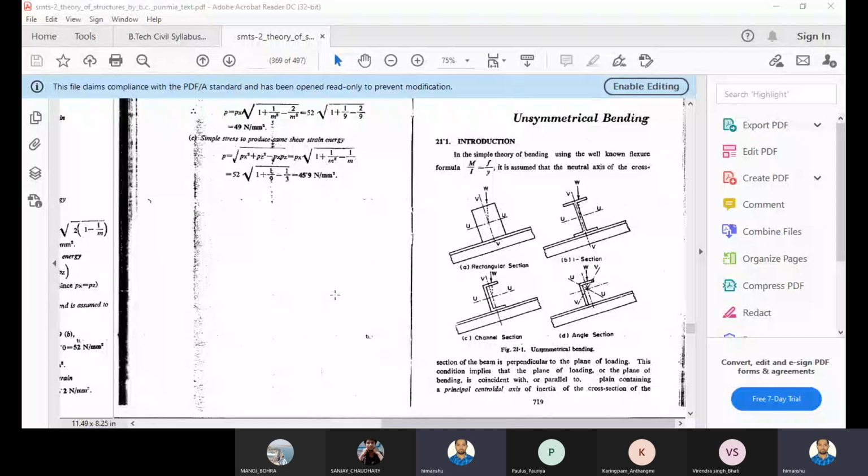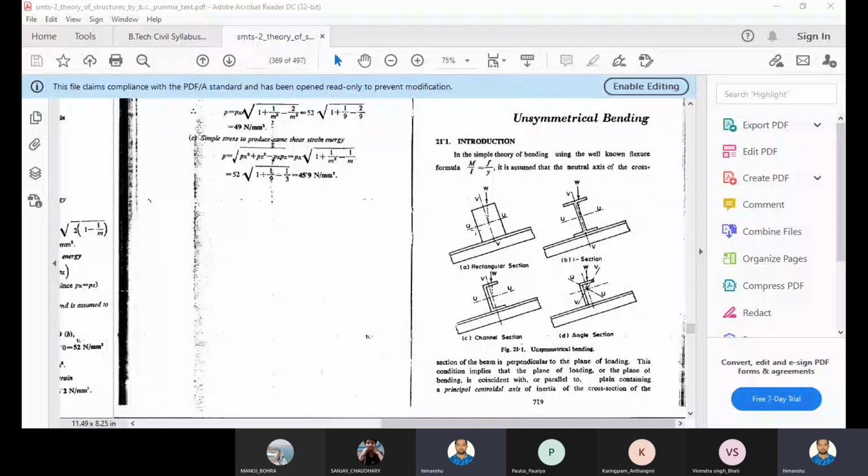That means the plane of loading is coinciding with, or parallel to, the principal centroidal axis of the cross section.